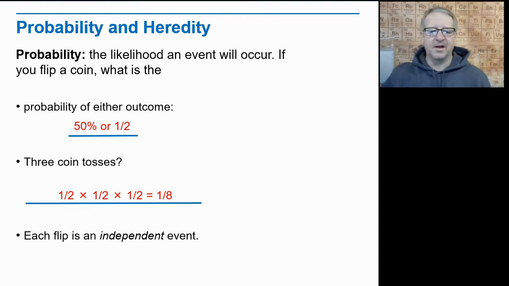That gives us a probability of about 1/8. So probability is something that we can use to predict what the outcome could be, but you never know until it actually happens. These are predictions, and predictions can be wrong. Just keep that in mind as we go along here.